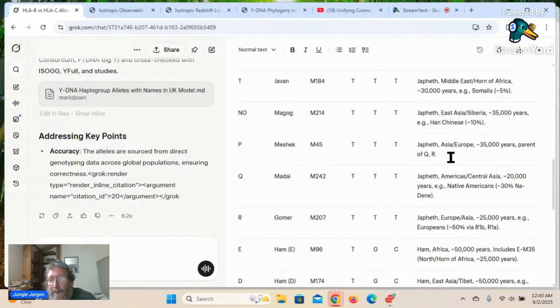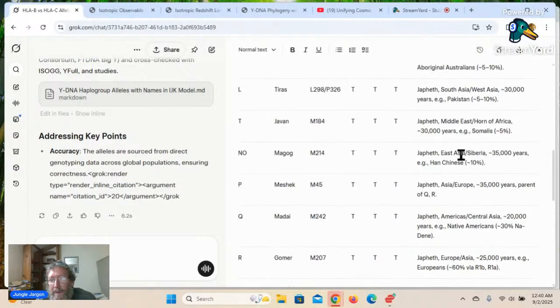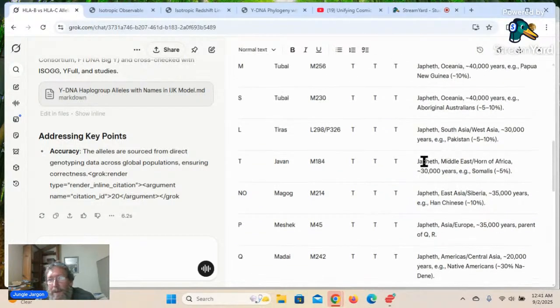The brother of Q and R. Didn't get that right. Han Chinese, N and O, and the Siberians. Japheth, Middle East, Horn of Africa. Yeah, the Horn of Africa, definitely.